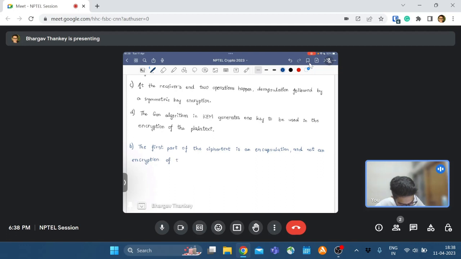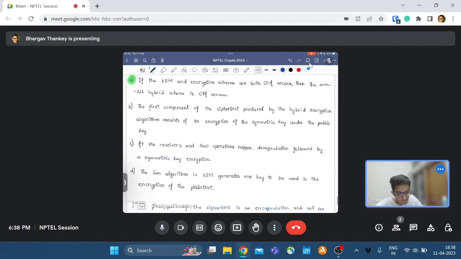In this option, if the word encryption had been replaced by encapsulation, then it would have been true. But it's not encryption, so it's false.